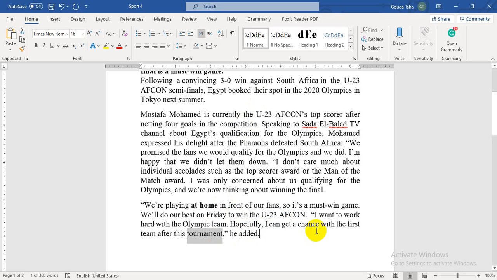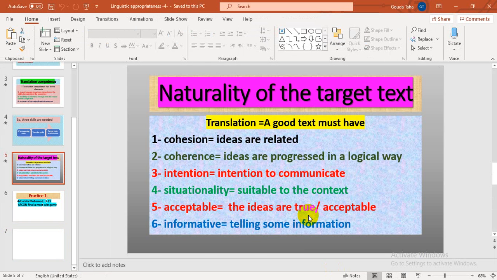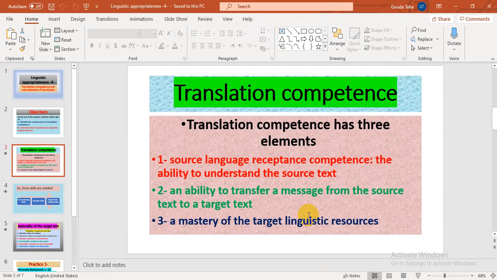He added. So after reading the text as a whole, which is expressing this stage, which is the first skill, the source text receptive competence, the ability to understand the source text.